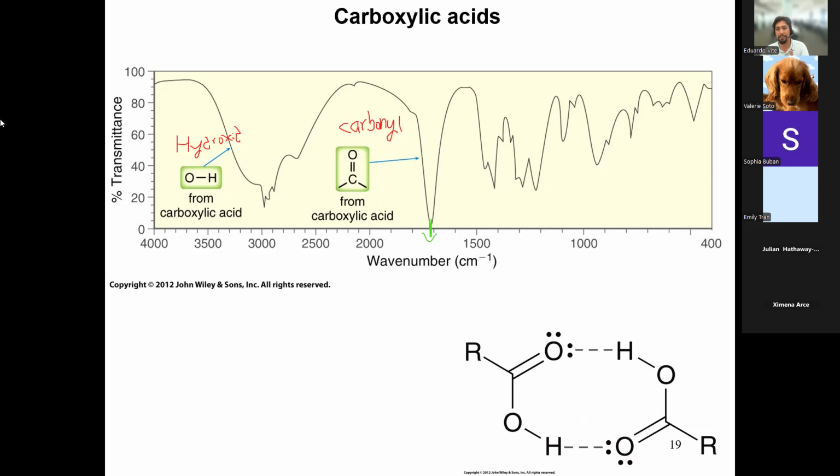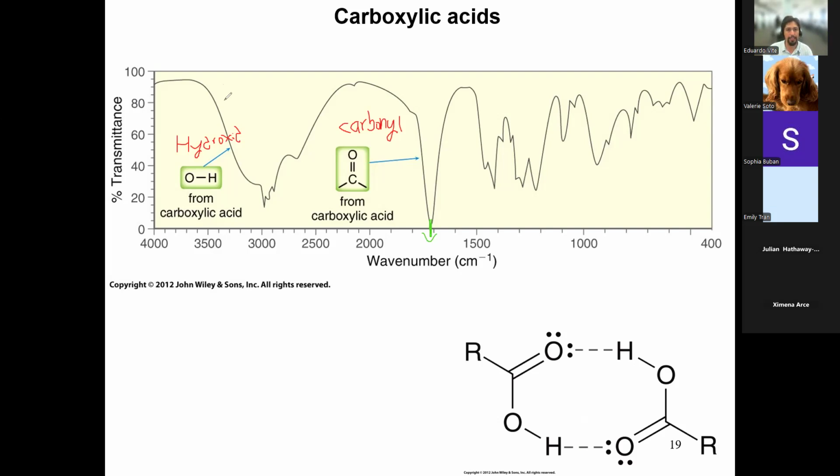So you can easily tell whether you have a carboxylic hydroxide or a regular hydroxide based on the breadth of the signal. So keep that in mind. If you see a very, very broad signal in a high wave number region, you probably have a carboxylic hydroxide, right?